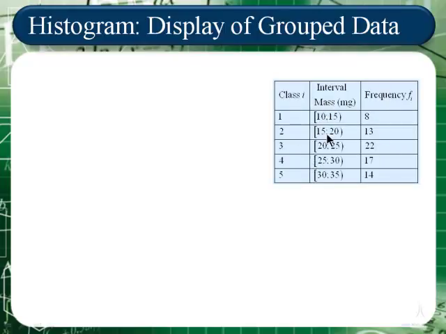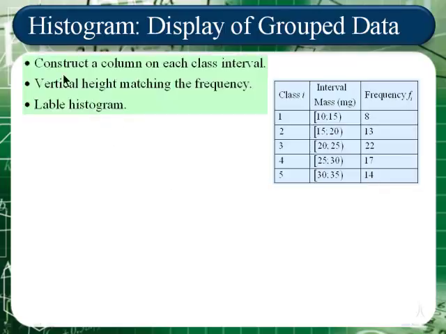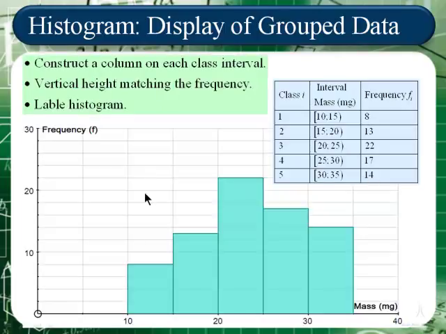The interval indicates masses, and the frequency for each particular class is also indicated. Now, to construct a histogram, we firstly place on the horizontal axis the mass of the objects, and on the vertical axis the frequency. So we must make provision for frequency up to at least 22.